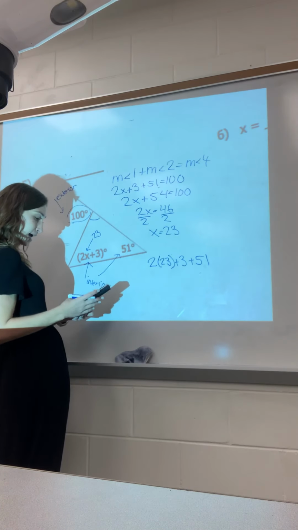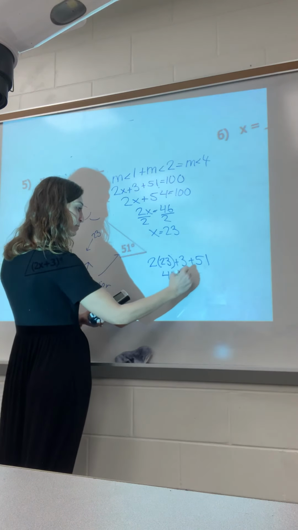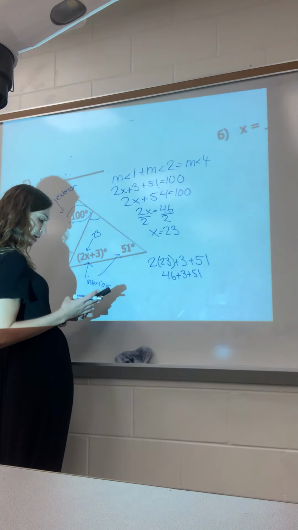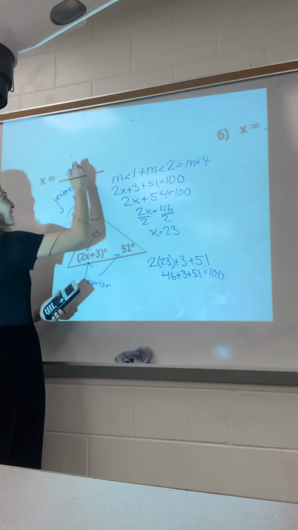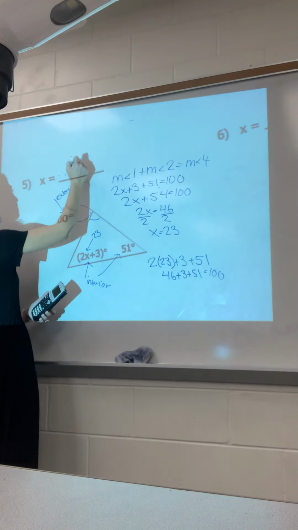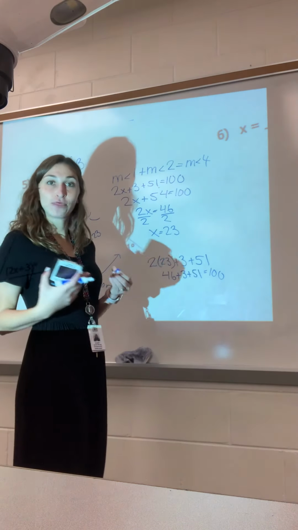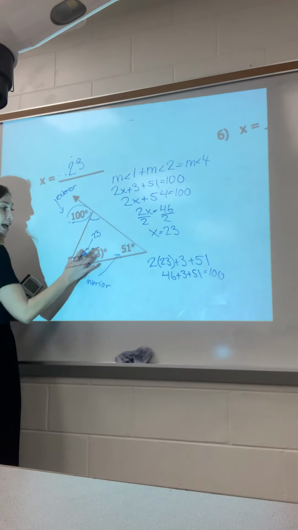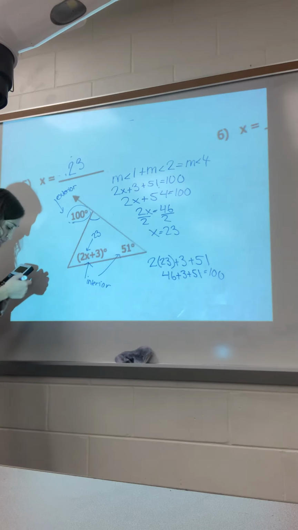So 23 times 2 is 46, plus 3 plus 51, bam, 100. So now I know that x is 23. So like I said, the whole thing with this theorem is knowing that the two interior angles add up to give you your exterior angle.